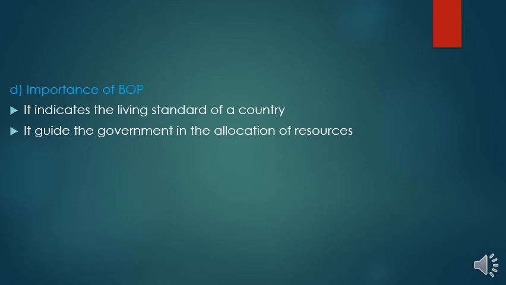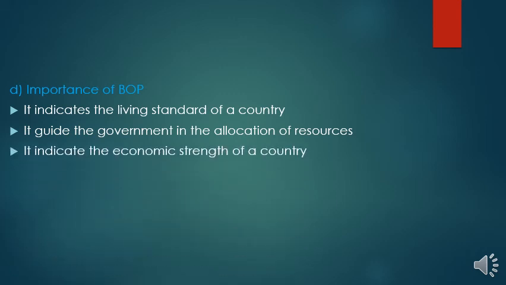Yes, it is due to the balance of payment that the government knows those sectors. In trying to prepare the balance of payment, the government knows those sectors that maybe are short of resources. So at the end of the day, the government knows where to allocate economic resources. It guides the government to be able to allocate economic resources efficiently.